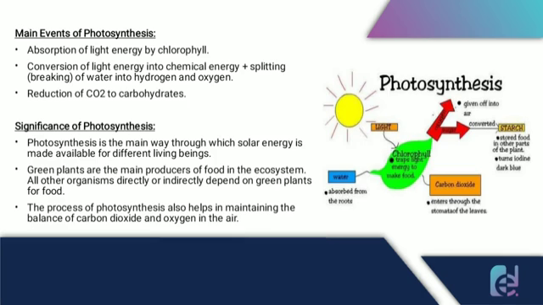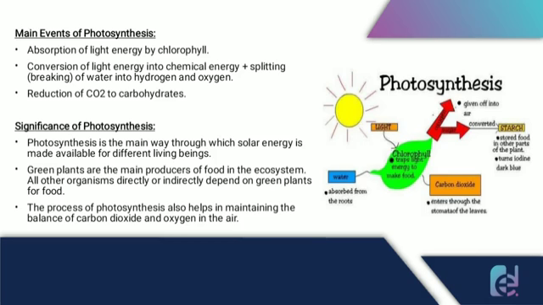So in the diagram you can see the process of photosynthesis is very clearly explained. First of all, the light is trapped by the chlorophyll present in the leaf. Then the water is absorbed from the roots, and the carbon dioxide enters into the leaves through the stomata. So the leaf converts the light energy into starch, like the extra food.